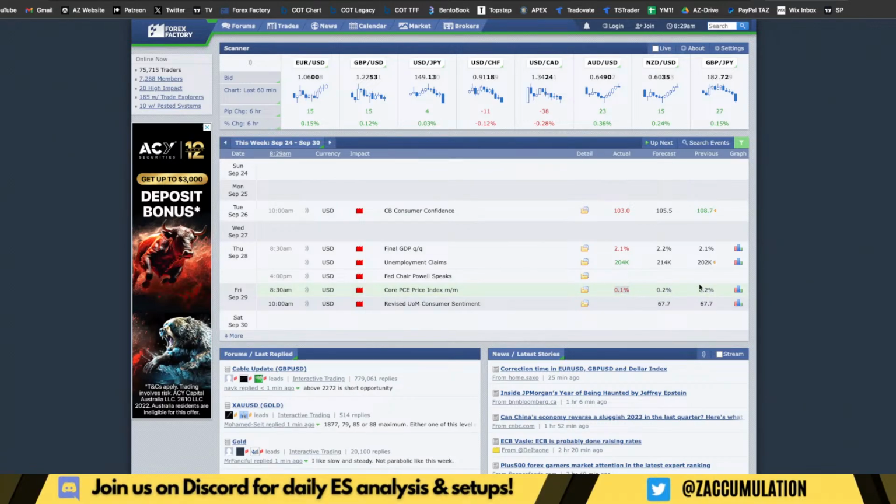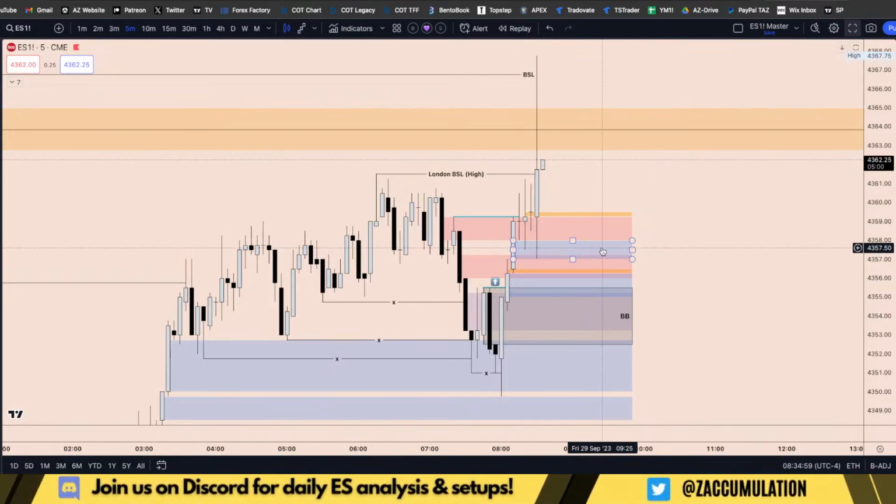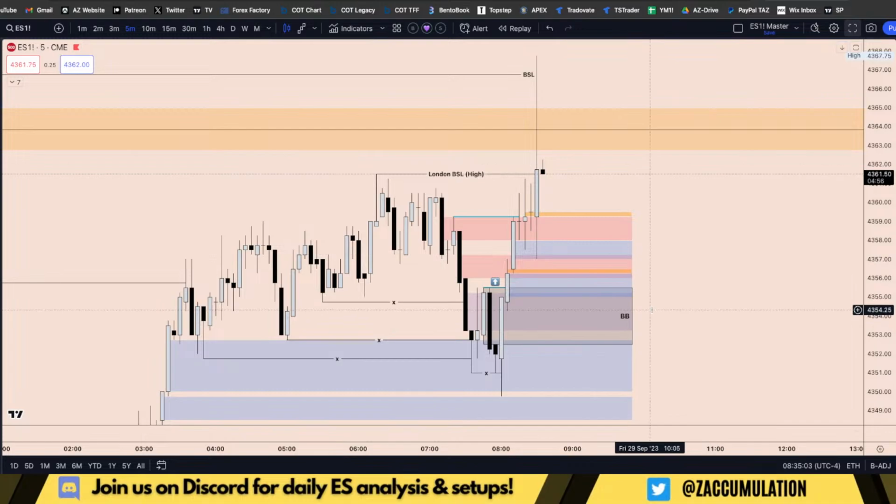The actual was smaller than forecasted. Might be a good thing, bad thing, I don't know. But I know how to look at price and make sense out of it. And yeah, what more do you need to say? Played out perfectly.